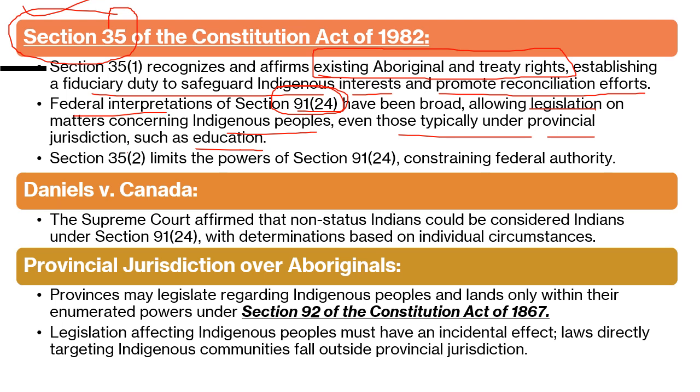But the important thing is that whenever the federal government uses section 91(24) power to enact a law related to aboriginal people, they have to work with section 35(1) and (2), because section 35(2) limits the power.